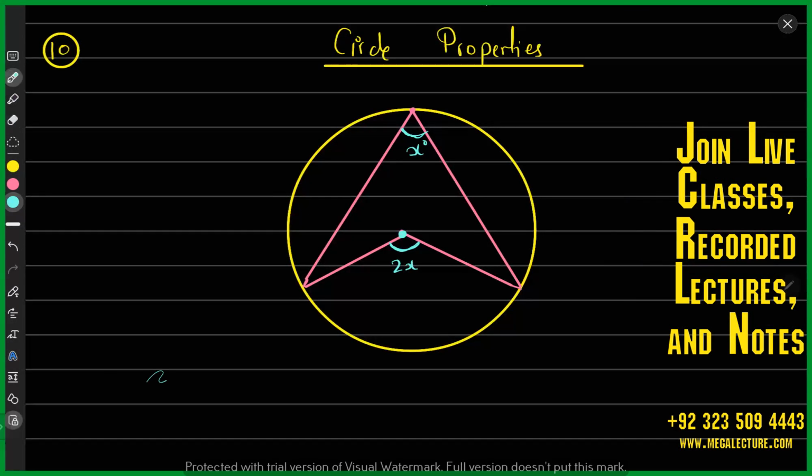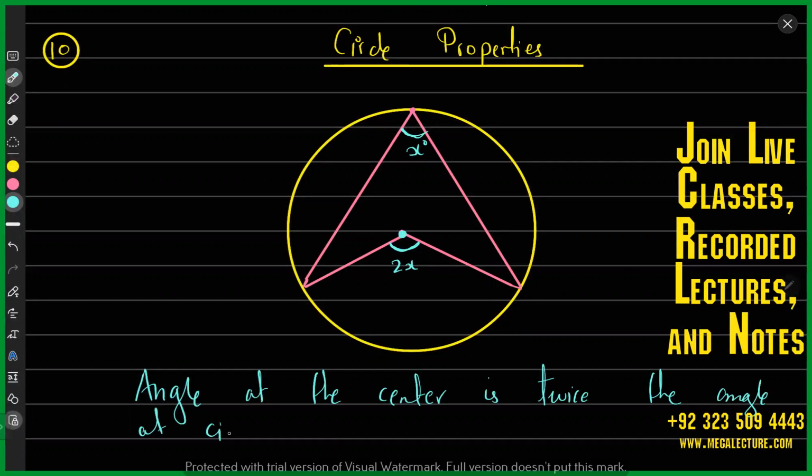So it says angle at the center is twice the angle at circumference.